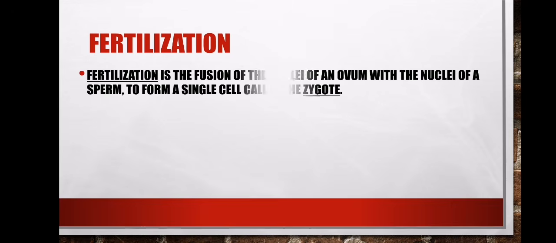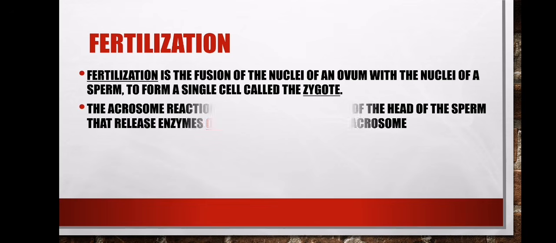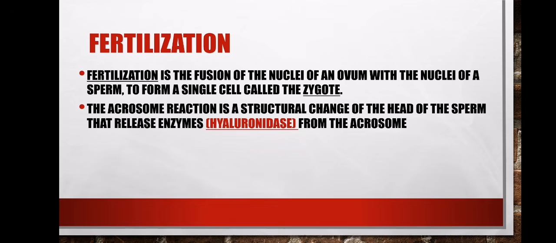That's the simplest way to understand it. It is the fusion of the nuclei of an ovum with the nuclei of a sperm to form a single cell, which is given the name zygote. We will look at a diagram as we move along. Let's try to understand this process, good people.